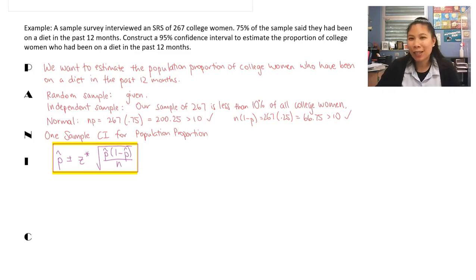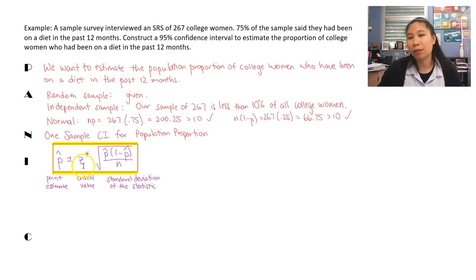If you think back to the last video, we talked about the formula for a confidence interval being the point estimate plus or minus the margin of error, where the margin of error was the critical value times the standard deviation of the statistic. Our point estimate in this problem is the sample proportion. We signify that with a P with a little hat on top, which means it's the proportion from a sample.